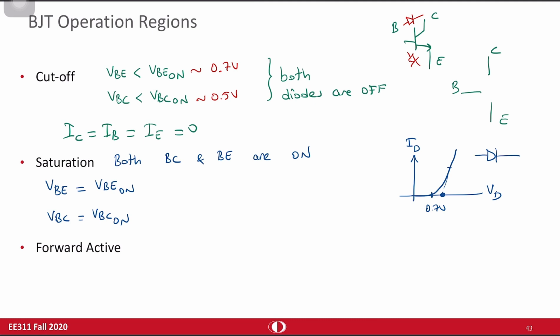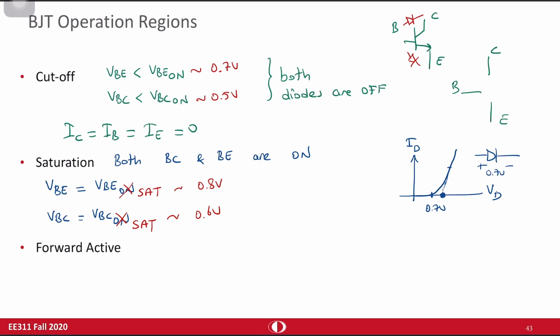It's going to be a mistake, because for large ID currents, the voltage across a diode is a bit larger. So instead of on, we generally use SAT terms in here, VBE SAT and VBC SAT. This is something like 0.8 volts. This is something like 0.6 volts.